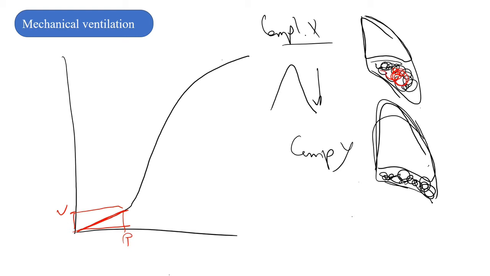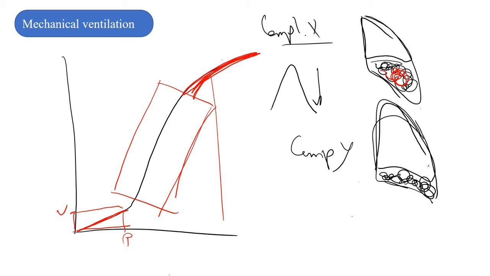When these collapsed alveoli are opened, this is an area of the lung where the compliance is the best. And finally, there will be an over-distension of the alveoli when they are filled with too much air, and so again a minimal change in volume will result in a large change in pressure.